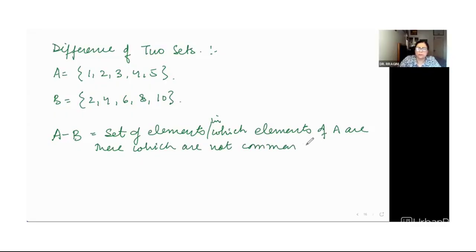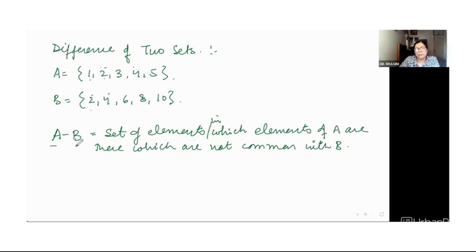See, now what are the elements, like 1, 2, 3, 4, 5? What are the elements which are present in B common to A, like 2 and 4? These are the two elements.